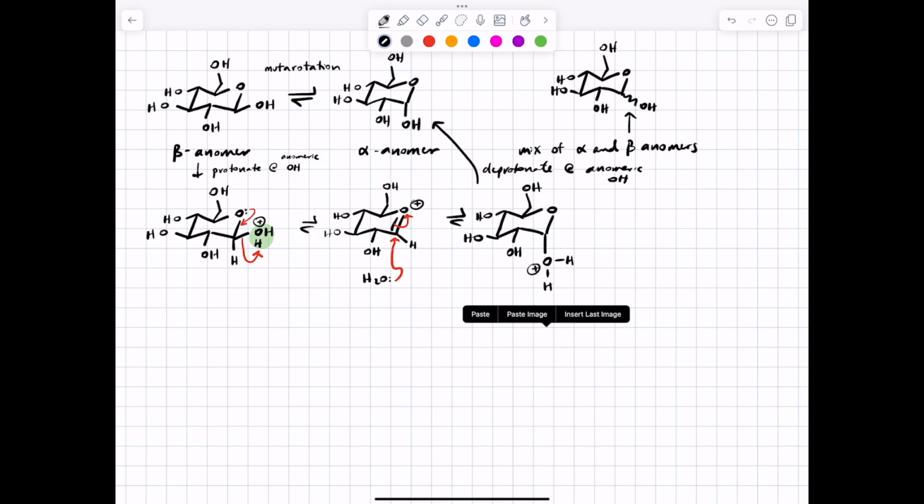So that's one way by which we can interchange alpha versus beta anomers.